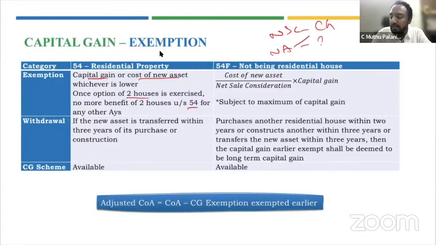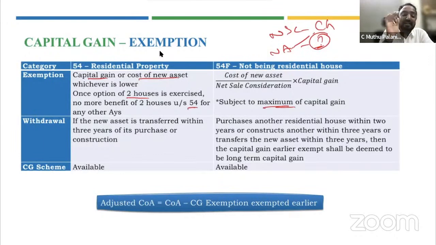Cross multiplication: new asset into capital gain divided by net sale consideration. Doing this cross multiplication, I will get my exemption. But it is restricted to a maximum of capital gain. As I told you, capital gain cannot be negative because of exemption.